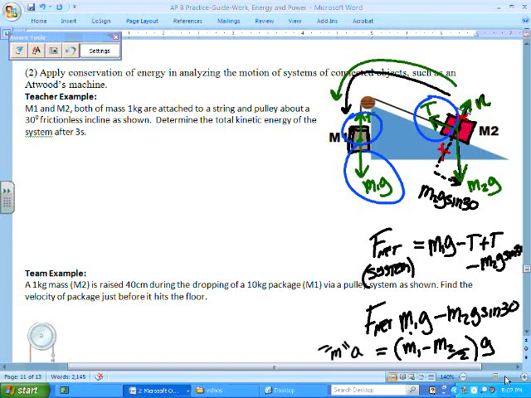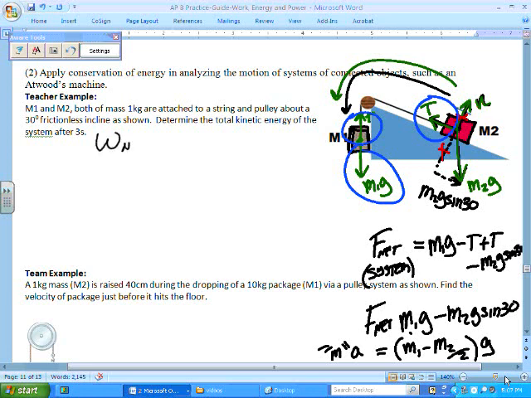And now let's go back up to the rest of the problem. Total kinetic energy. Well, total kinetic energy, if it starts at rest, would really just be the final kinetic energy after 3 seconds. Yeah, this is the simplest way. Starting to doubt that. I said that at the beginning. But we know that, I'm going to apply the work energy here.